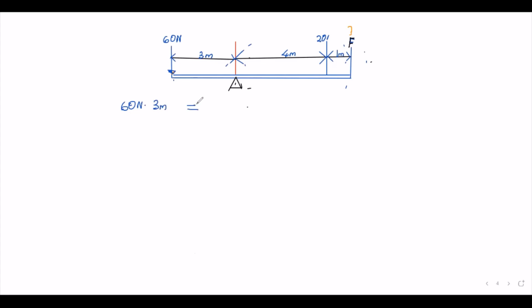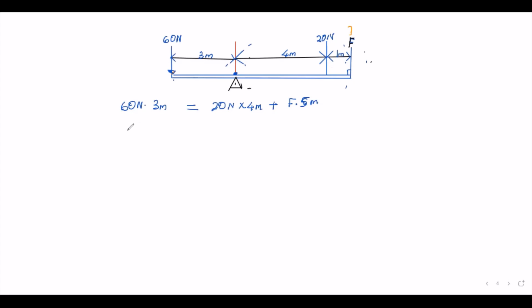This should equal to this force here, that is 20 Newton multiplied by 4 meters, plus the distance from this turning point here, perpendicular to that force there, is 5 meters, and is F times 5 meters. I hope you appreciate that this is 5, 4 plus 1.